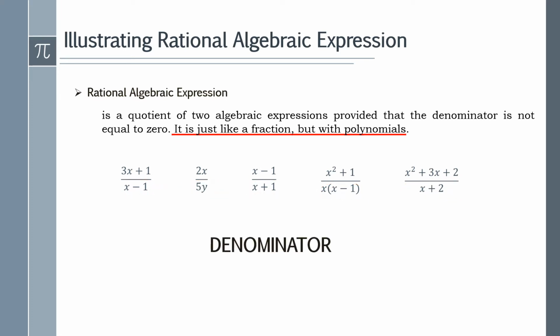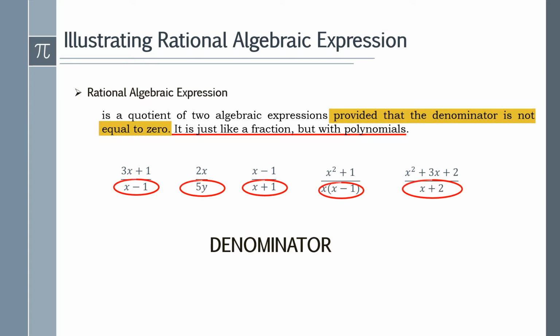So, again, the definition says that it is a rational algebraic expression provided that the denominator is not equal to 0. Meaning, all these denominators must not equal 0. In this case, we cannot say yet since we all have variables, right? x minus 1, 5y, x plus 1. Unless we have a value of our variable, then we can say if this is equal to 0 or not. For this case, this is not equal to 0.